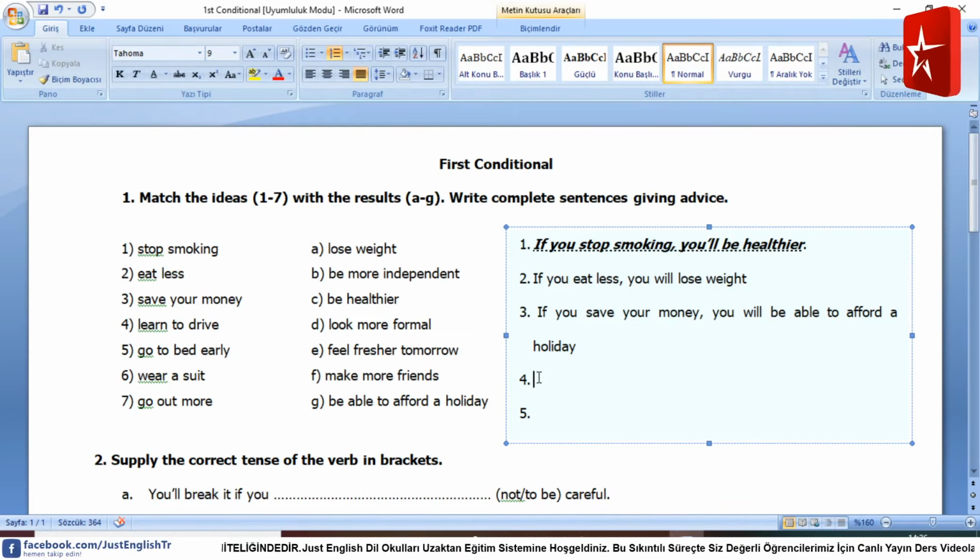Number 3 was correct. Thanks so much, Onur, Adem, Jayda, Nalan, and others, Erhan, Deniz, Begüm.